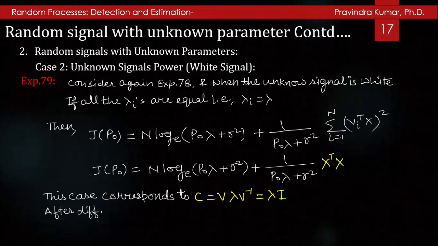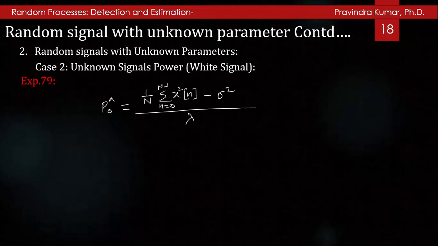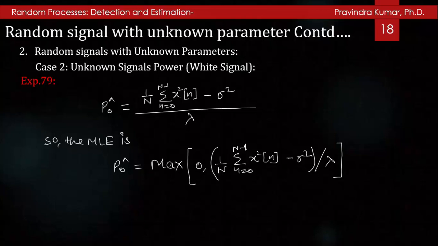After taking the derivative, you will get n lambda divided by (P naught lambda plus sigma square) minus lambda x transpose x divided by (P naught lambda plus sigma square) whole square equal to 0. And then you will get the estimated value of the power, P naught cap, as 1 by n summation n from 0 to n minus 1 of x square n minus sigma square by lambda, here with P naught greater than 0.